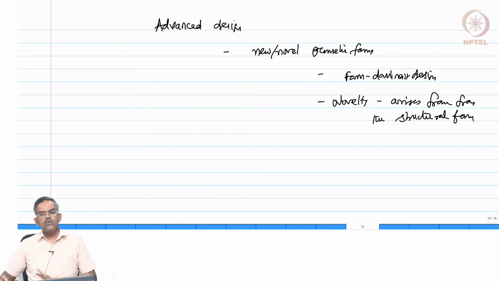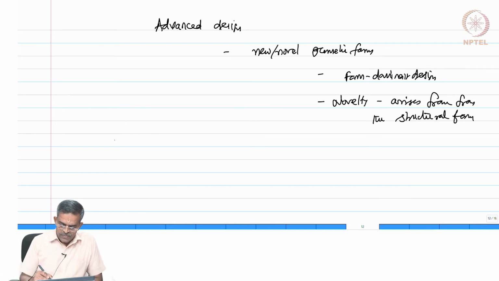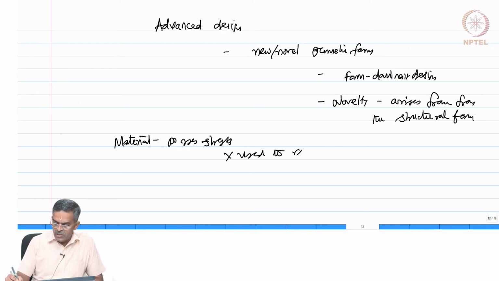Okay? So, there is a total deviation in the design philosophy now. Materials, though they possess strength, are not used to resist loads.